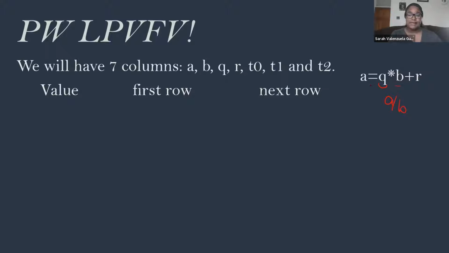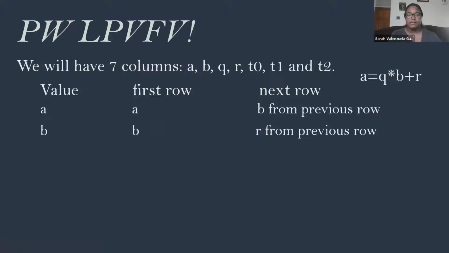Because we know that A does not divide B, and they have a common divisor. So in our rows, A is going to be the first value, but in our next row, the value of A will be the value that was B. The same happens to B, but a little bit different. In our first row, B is going to be our initial B, but in the next row, it will be the remainder of the division A over B from the previous row.